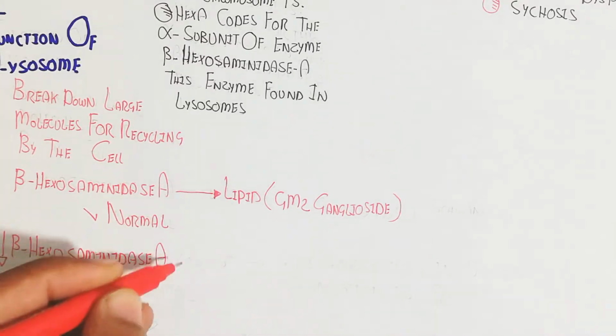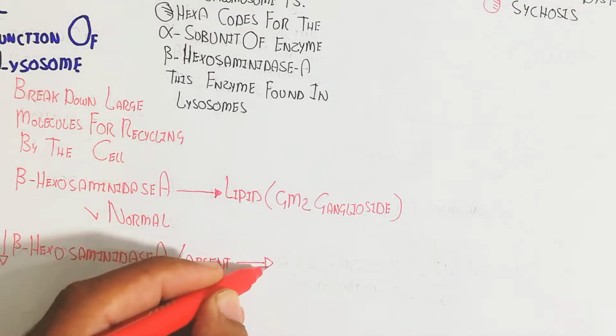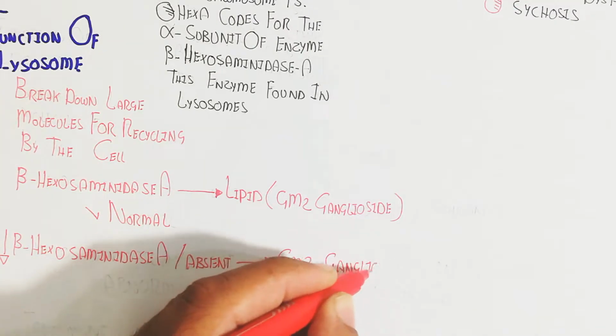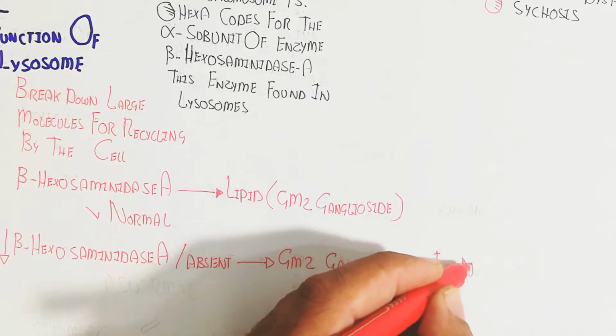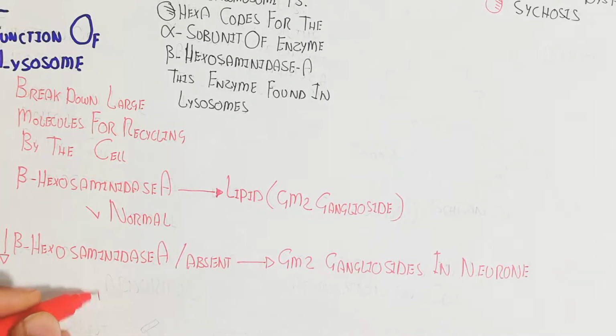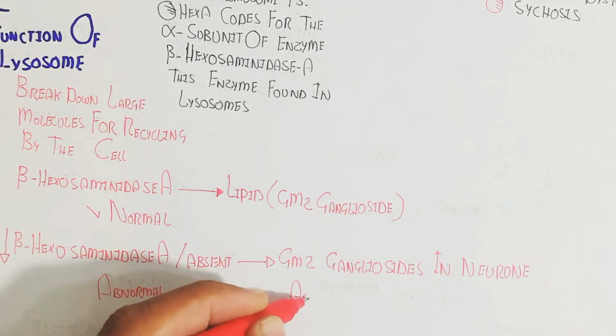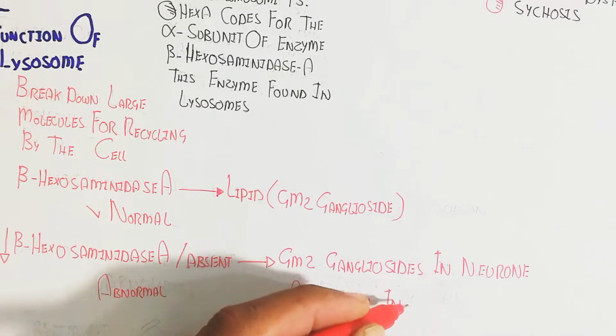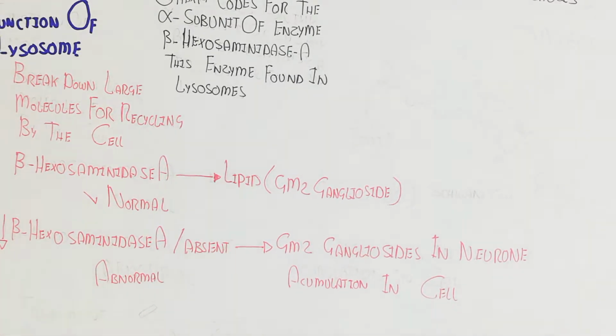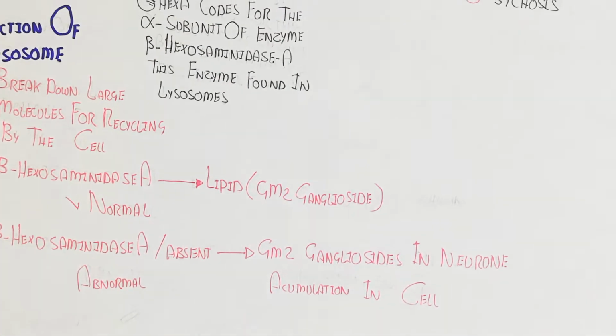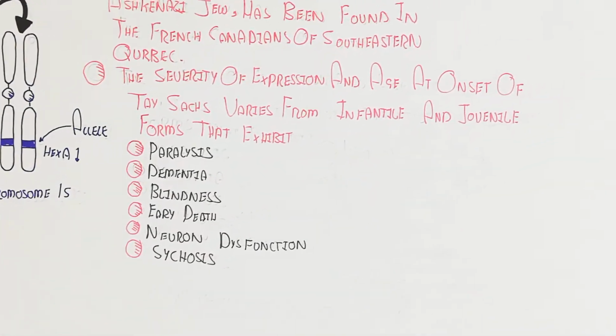Basically, that is normal. When beta-hexosaminidase A is absent or decreased due to the recessive allele, abnormal GM2 ganglioside accumulates in the neuron cell, because it is not homeostatic.